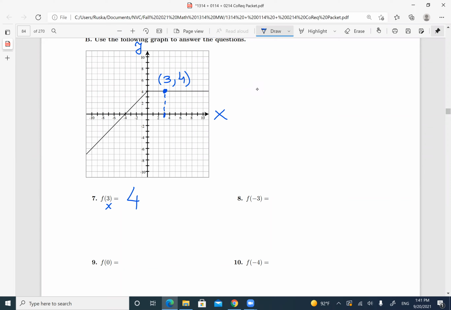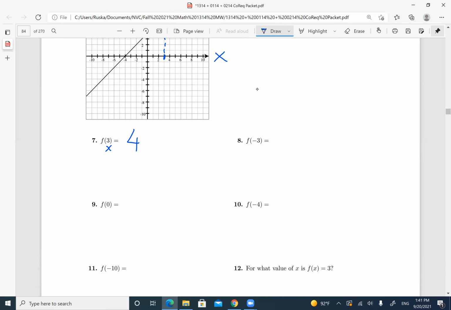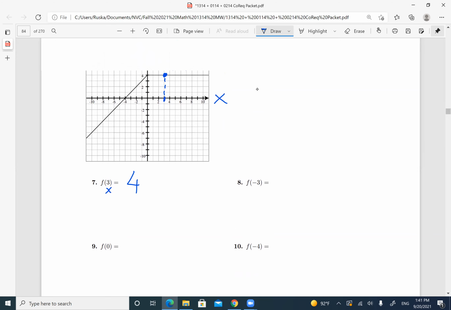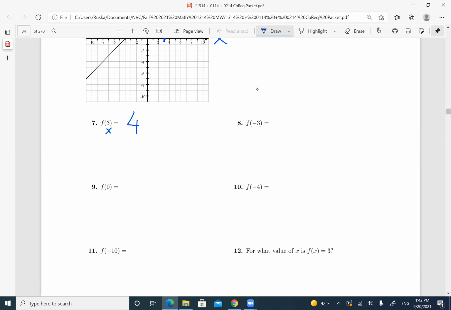So just going to the graph, going to whatever x they give me, and then finding the y coordinate. If it's given x, you're going to get the y coordinate from the point. Okay? Now let's do one more. I'm going to pick something else which is not given.